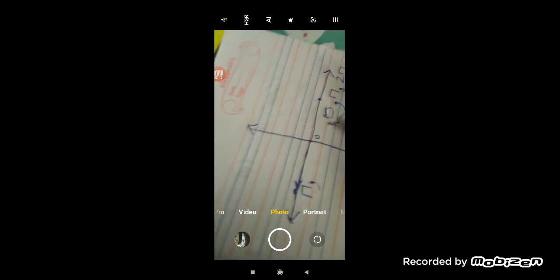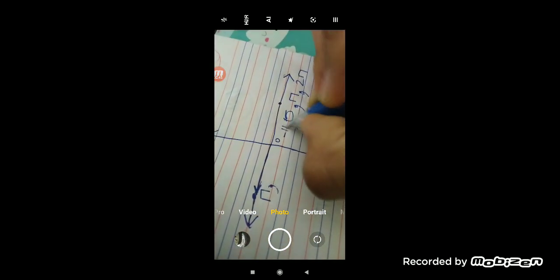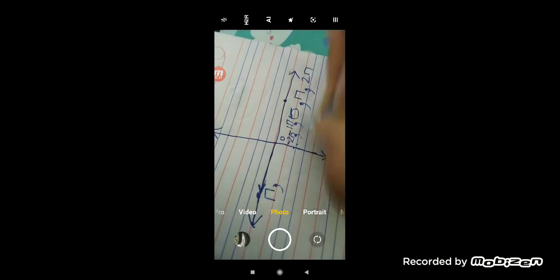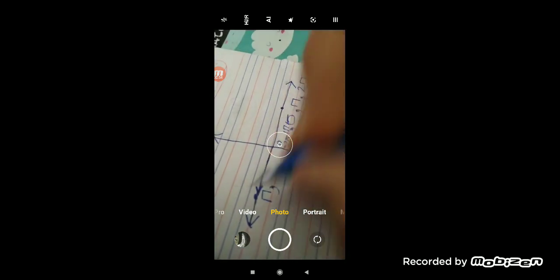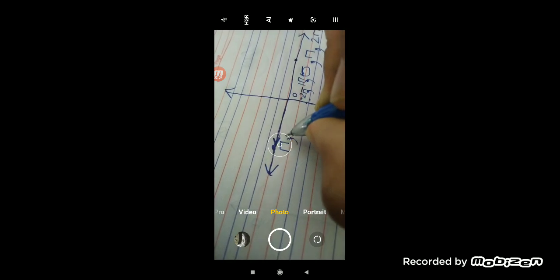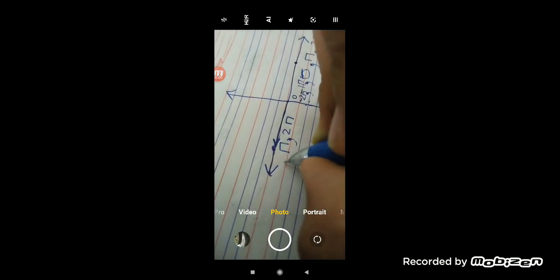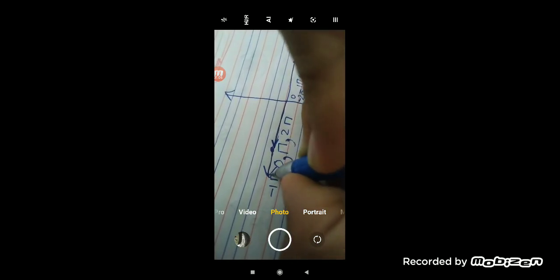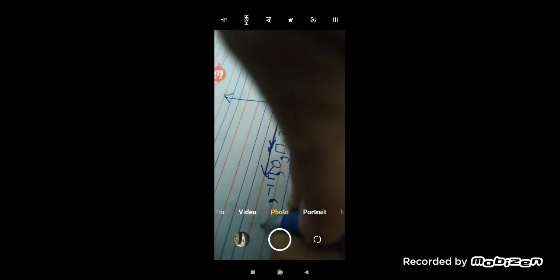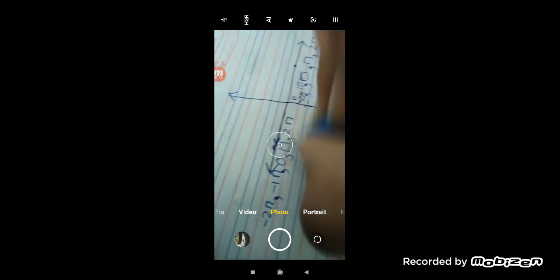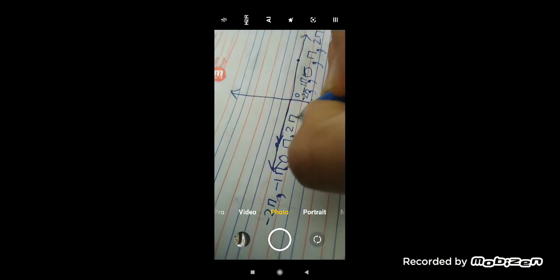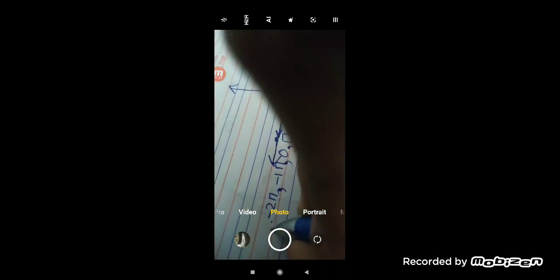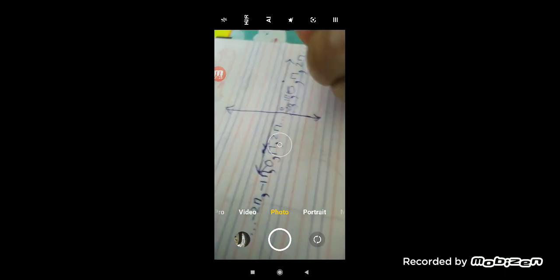Even if it's minus 1 pi or minus 2 pi, or any number after that or before this, or even over here if it's 2 pi, if it's 0, if it's 1 pi, if it's minus 2 pi, or anything after or before this, it doesn't matter.